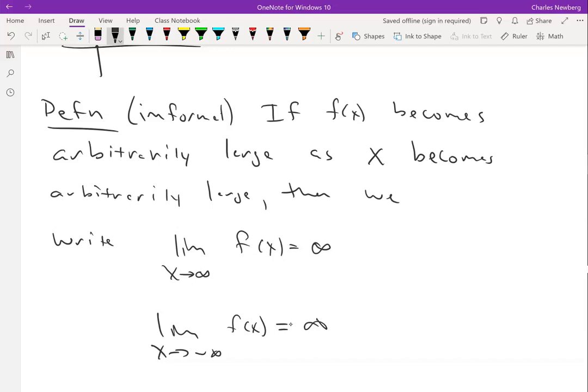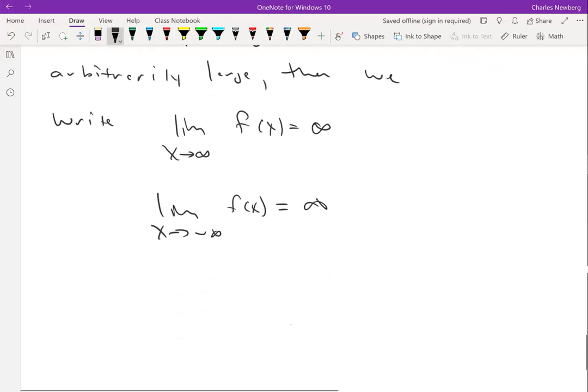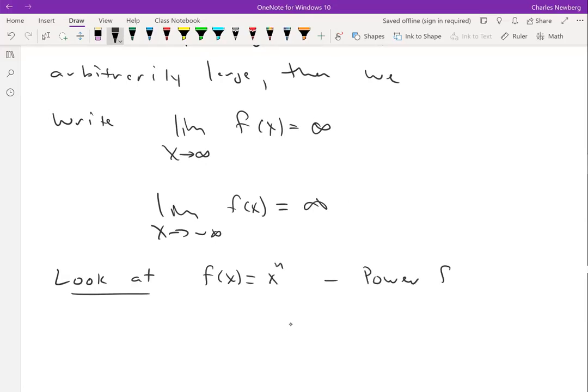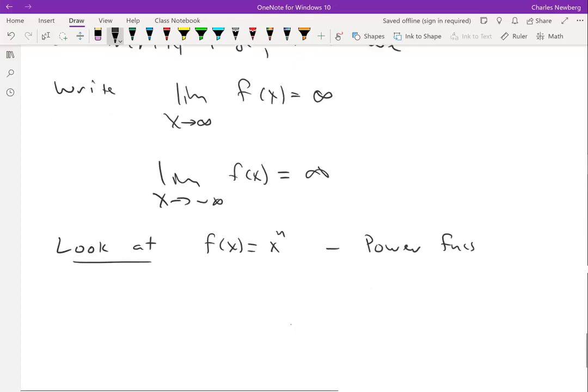So there's one more thing on that section. Now we want to look at a class of functions, f of x equals x to the n, and these are called power functions. Let's look here.